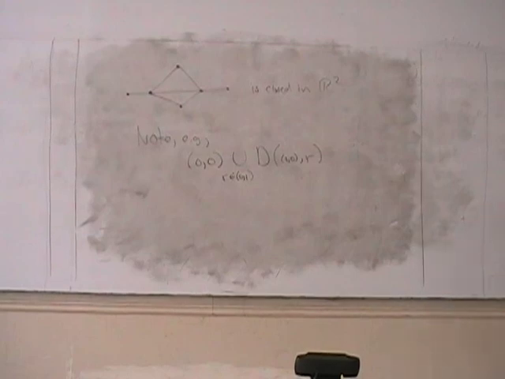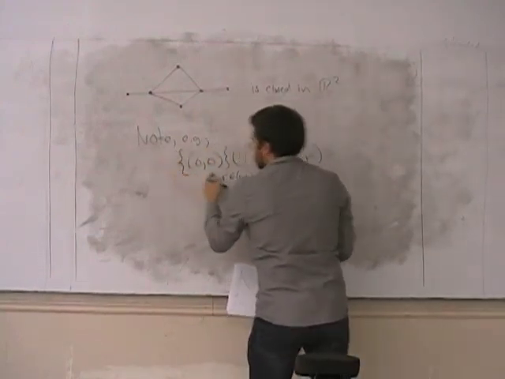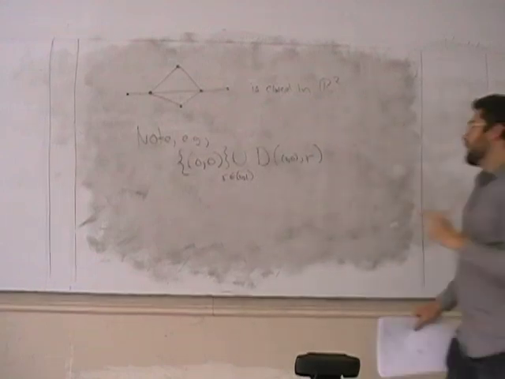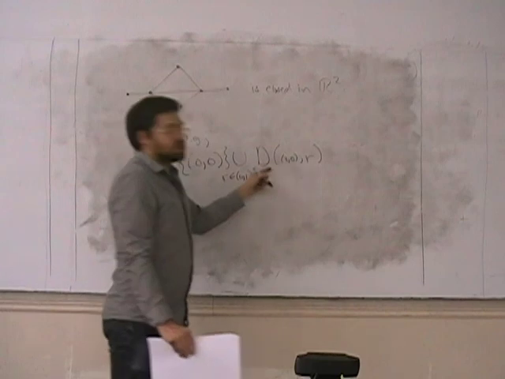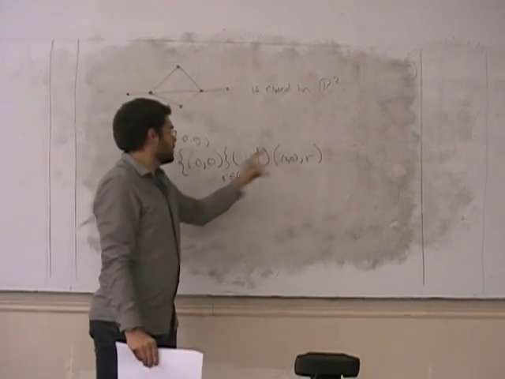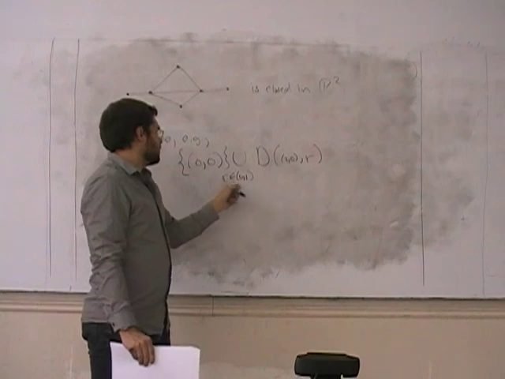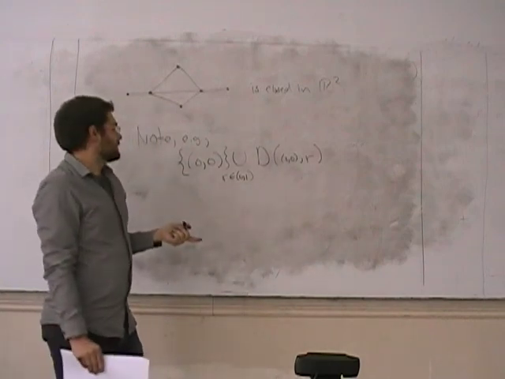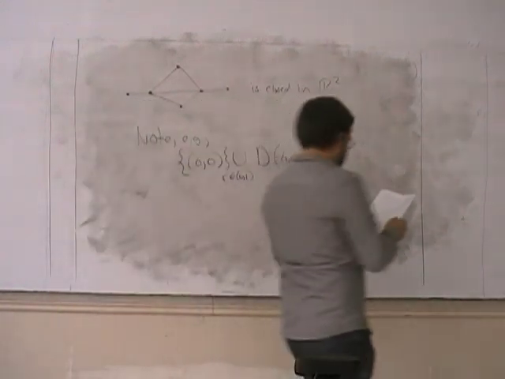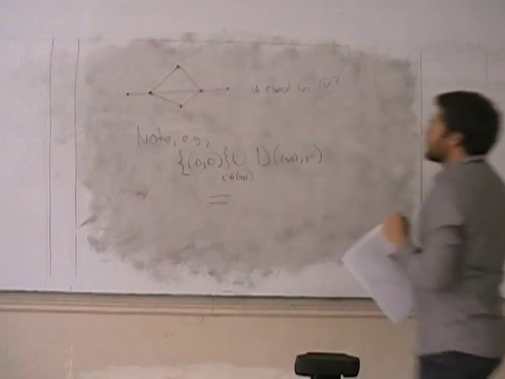I have the set containing the point (0, 0), and I take the union over all open disks centered at the origin, (0, 0), as the radius ranges over numbers between 0 and 1. What do you get?